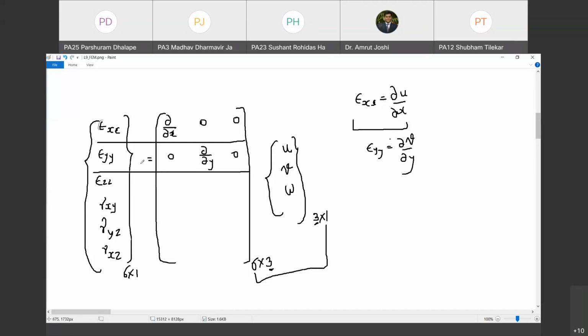When I expand the second row, you will get epsilon yy is equal to 0 into u plus dou v by dou y plus 0 into w. Are you with me? Type your response in chat box. And epsilon zz is equal to dou w by dou z. So what should I write? It is going to be 0, 0, and dou by dou z.